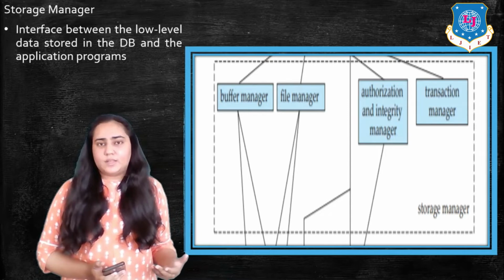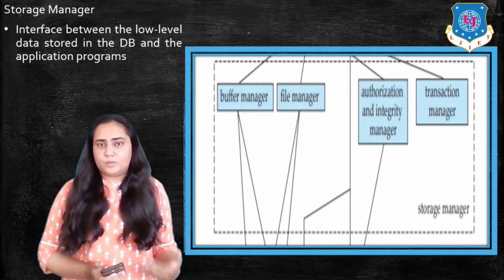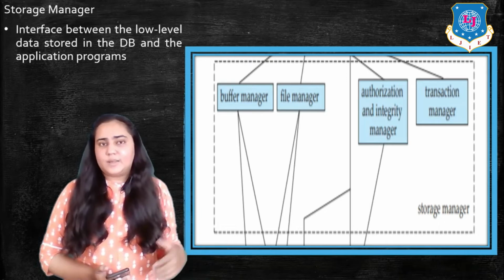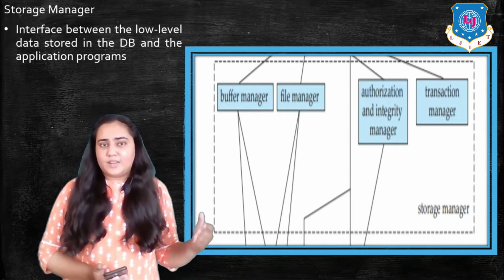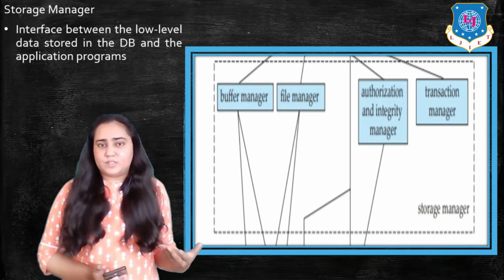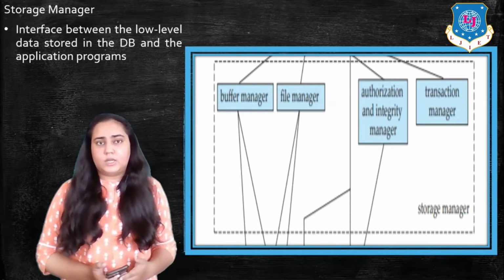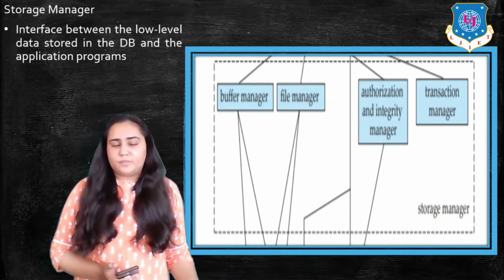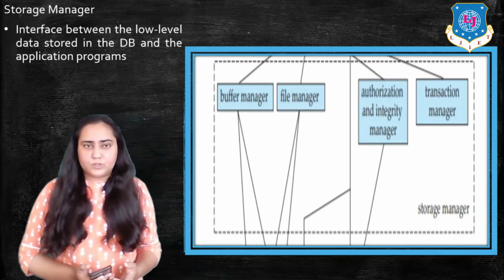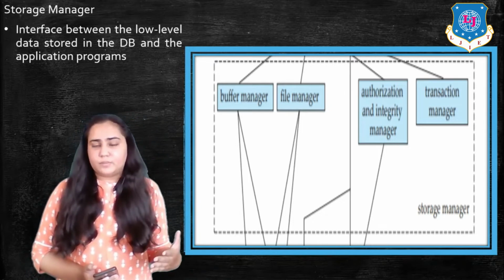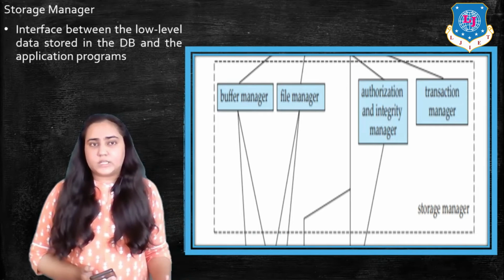If you are accessing some web application on your mobile phone, that is also an application program. All these application programs are high-level programs because you are able to interact with them without writing any code or knowing machine language. But at the low level is where the data is actually stored. This is the place where your computer or the servers store their data.